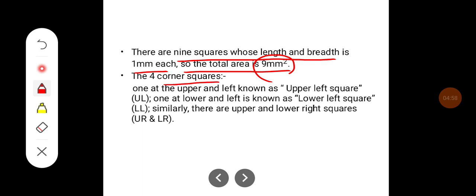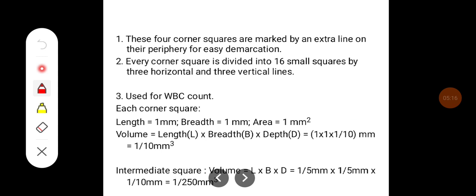There are four corner squares, as I told. One at the upper left is known as the left upper square. One at the lower left is known as the lower left square. Similarly, there are upper right and lower right squares. These four corner squares are marked by an extra line in their periphery for their easy demarcation.